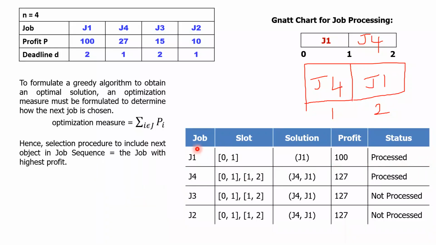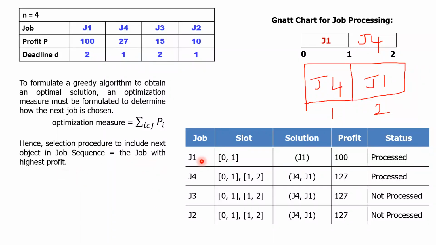There are 5 columns. What is the job number? What is the time unit slot? What is the solution? What is the profit earned till now? And what is the status? So first I'm going to select step 1. As per the selection procedure, you have to select the job that gives you the highest profit.